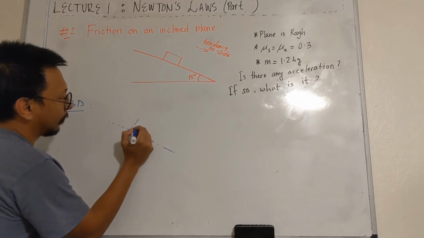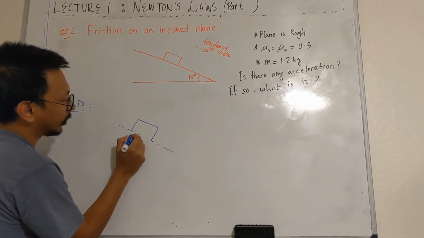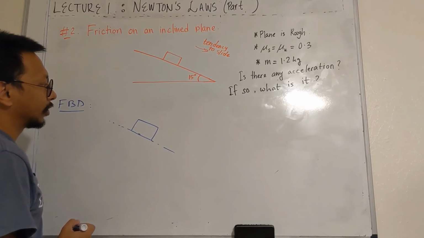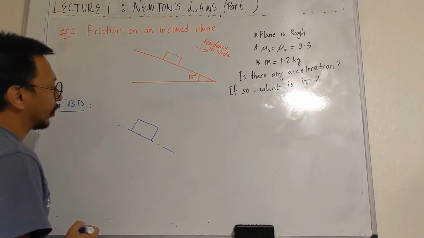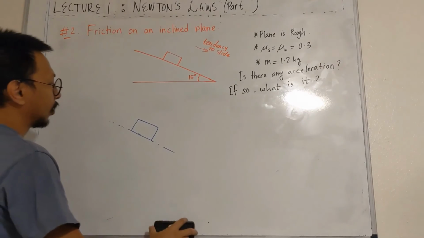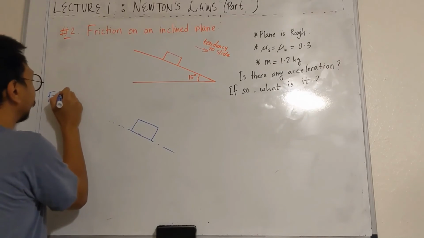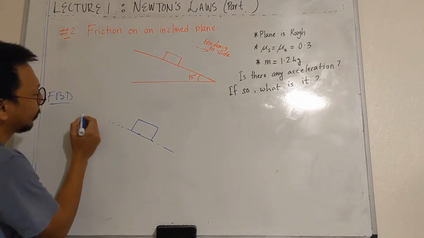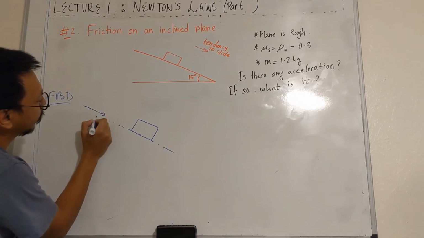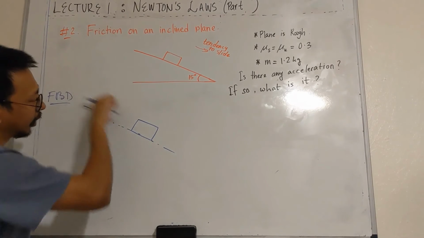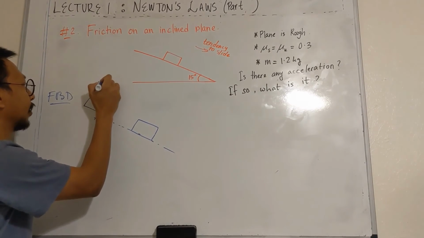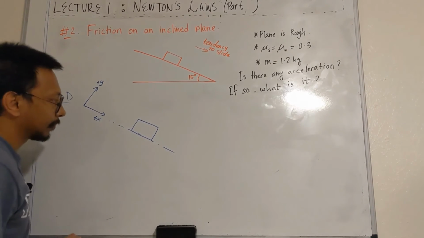Remembering that we need to set one axis that is in the direction of the acceleration, and the other axis should be perpendicular to the first axis. We will choose here the axis like this as plus x going down along the plane, and plus y is perpendicular to the plane and perpendicular to the x-axis chosen.